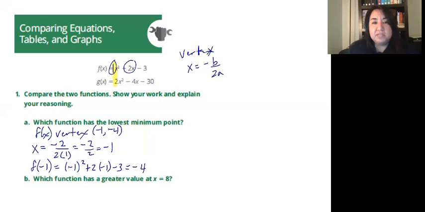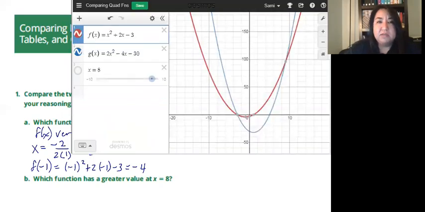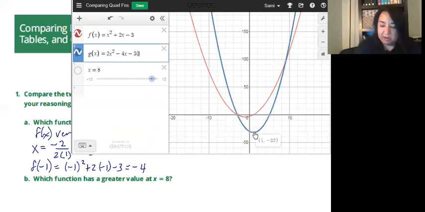Now I need to do the same thing for g of x. I could do that using the formula, what I just did, but let's use graphing technology to find that. Here I graph both of my functions. This is f of x, and I can see the vertex is at negative 1, negative 4, which confirms what I found. And for g of x, I can see that the vertex, which I'm going to record, is at 1, negative 32.